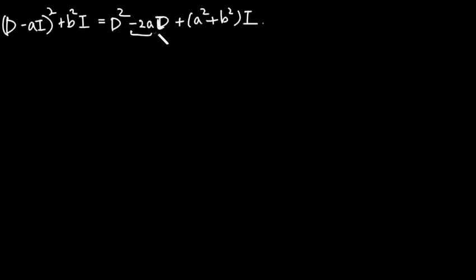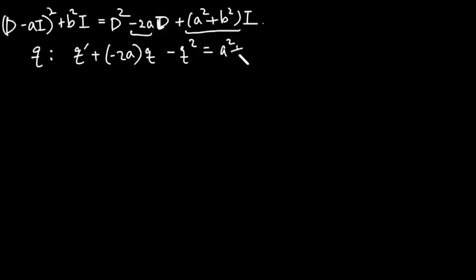This is the coefficient of D, and that's the coefficient of q. In our method, q is the solution of the following differential equation: q prime plus a, which is negative 2a here, times q minus q squared equals b, which is a squared plus b squared.